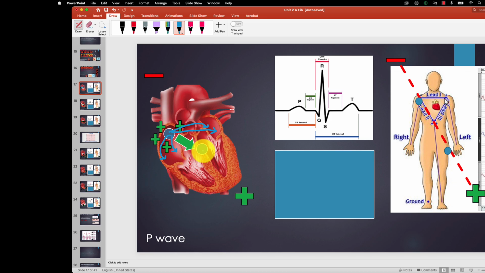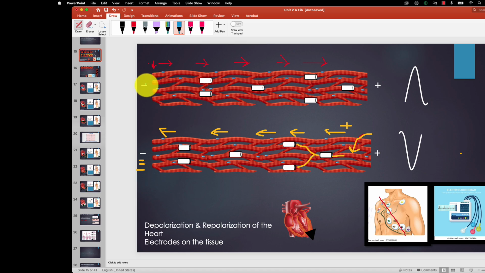And you should be thinking right now, okay, this is why he showed me that bacon. So basically what's going to happen here is the direction of the depolarization and the placement of the electrodes is going to, let's go back, right? Negative to positive. We have a positive current heading towards a positive electrode.